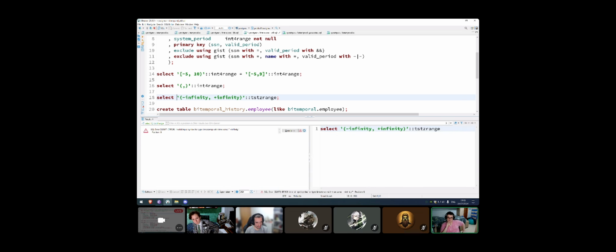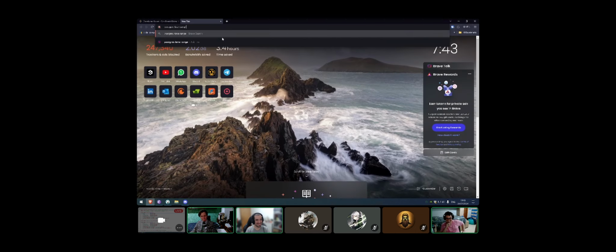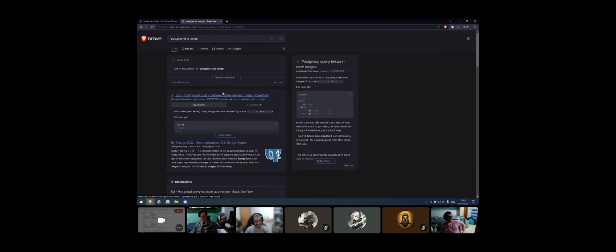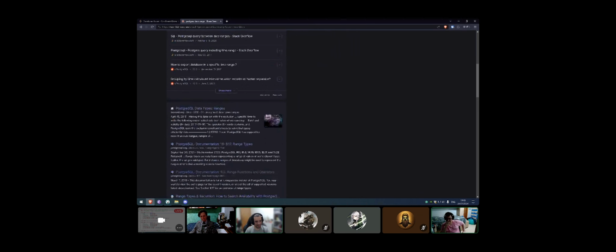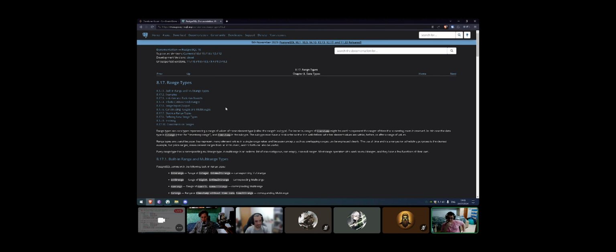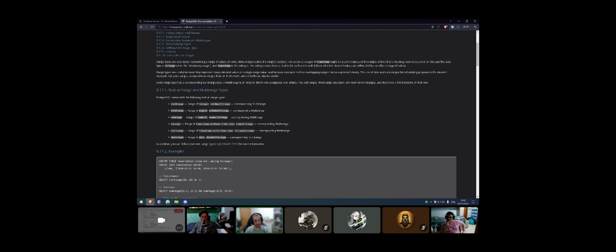That's a weird name, but that's okay. Oh, it has it in Postgres. I was not aware of that at all. Yeah, it's native to Postgres. TS TZ range.